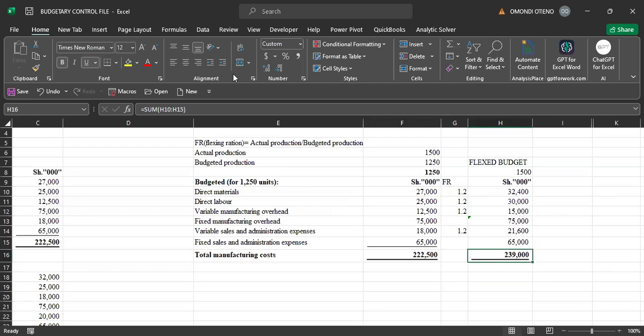Please confirm if you're getting the same amount here.